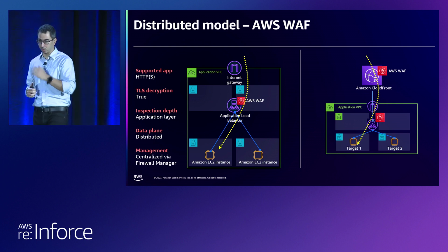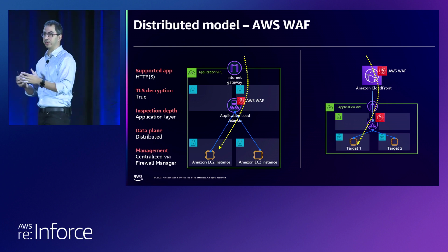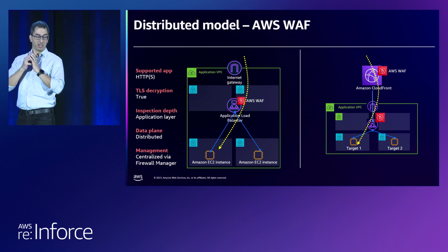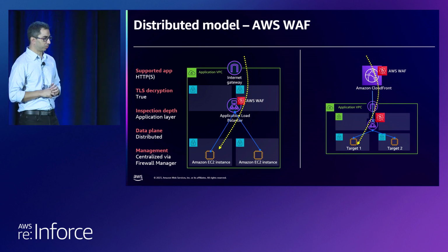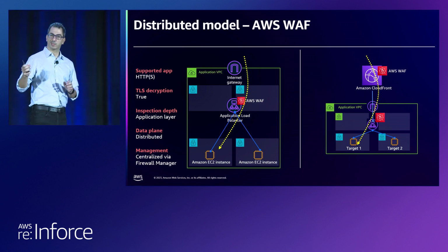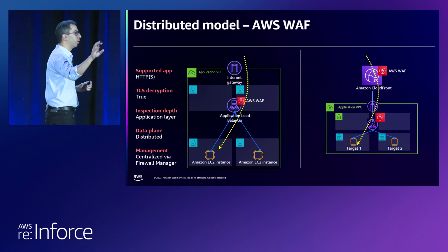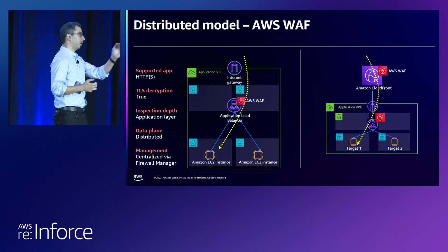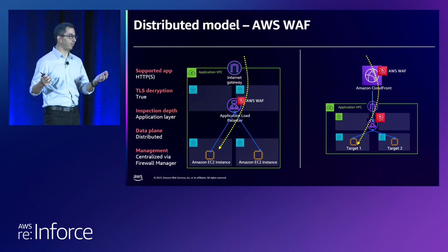When we talk about distributed models, we'll typically have a single entry point. It could be a single load balancer, a single ALB that distributes traffic across your workloads. It could be a single CloudFront distribution with a wildcard associated with it, or it could be multiple CloudFront distributions, depending on how you control your incoming DNS names or vanity domains.